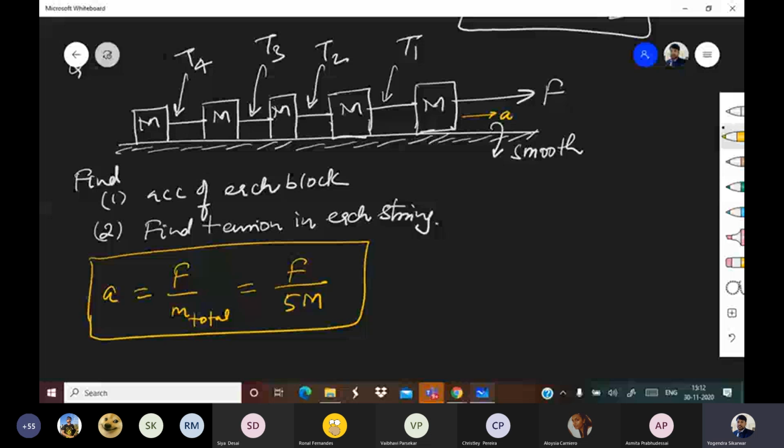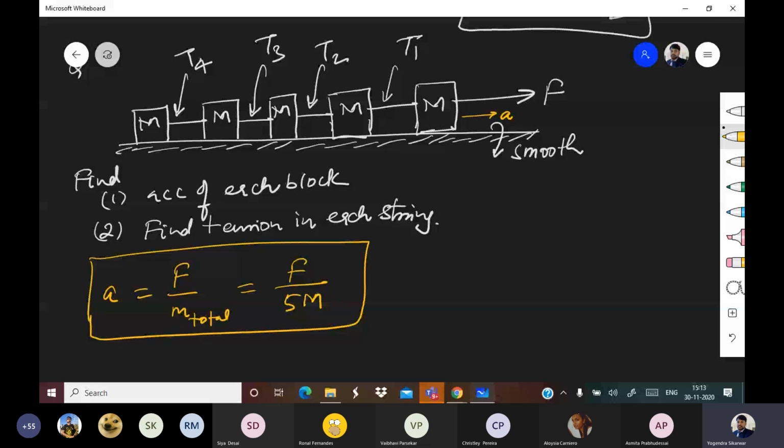Correct. And all the lazy people here are giving wrong answers for the tension. Pay attention. As I told you earlier also, in whichever string you want to know the tension, cut the string from there. Whatever is removed or released was causing the tension.